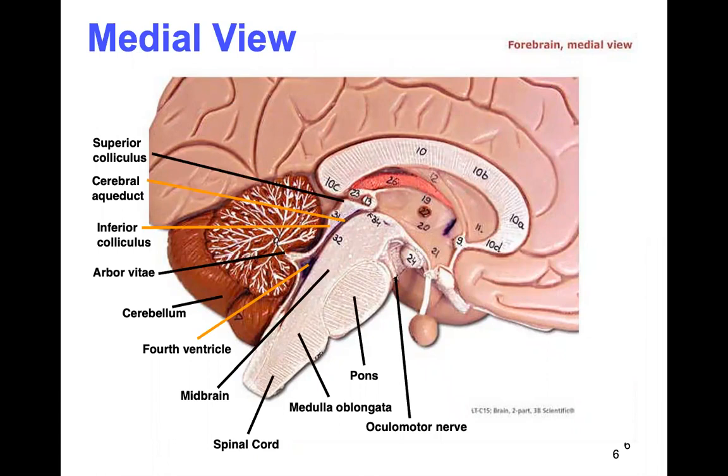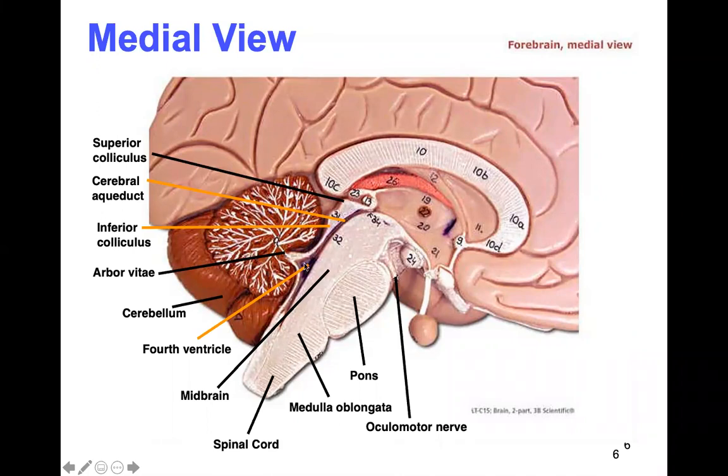Okay, from this structure here, superior colliculus, inferior colliculus. Right here is where the fourth ventricle is. And you can see it's just anterior to the cerebellum.